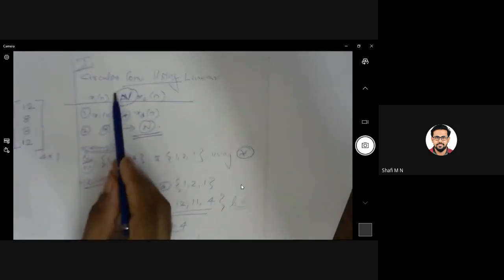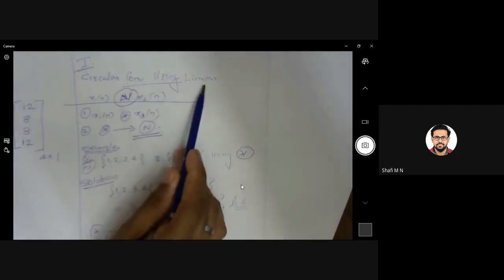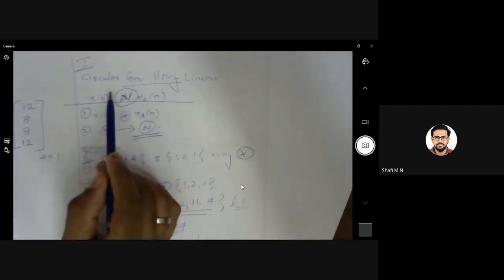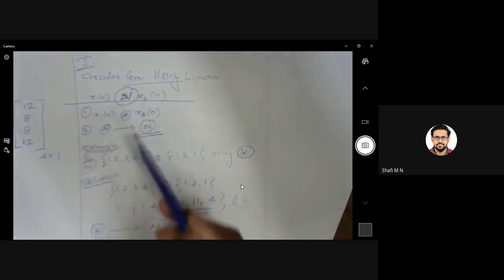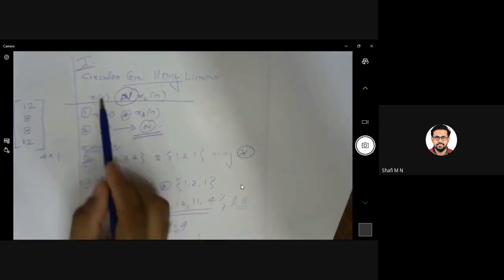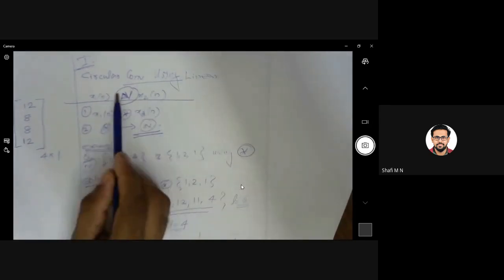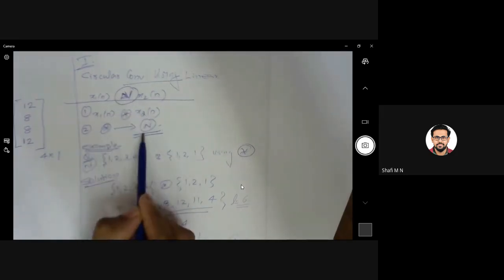Next is converting linear convolution to circular convolution. The heading can be written in two ways: converting linear convolution to circular convolution, or performing circular convolution using linear. You have two sequences x1 and x2. The answer should be that of circular convolution, but you perform linear convolution mathematically and convert the result into circular.